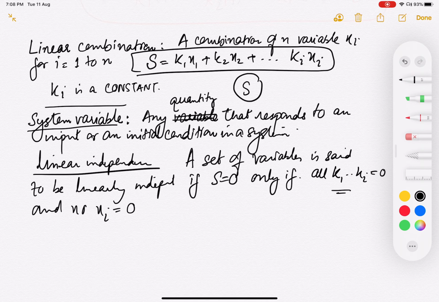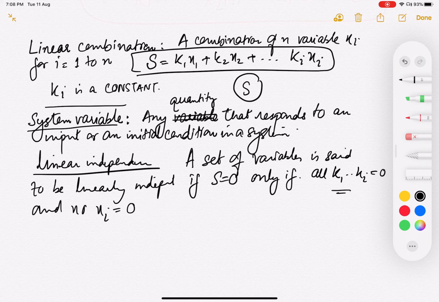So what it actually means is that you can make the linear combination equal to 0 only by taking all the constants and multiplying them with 0, right?